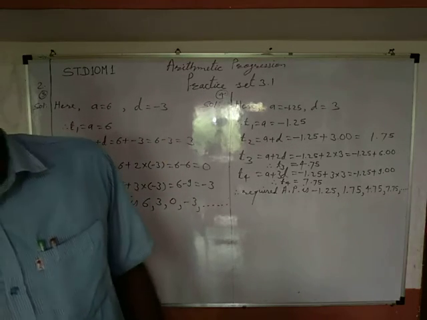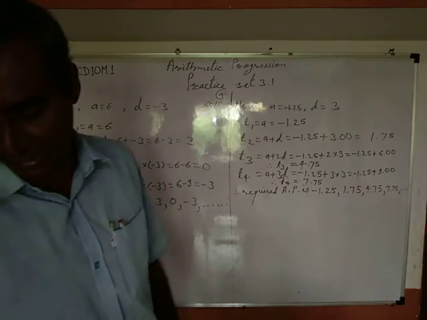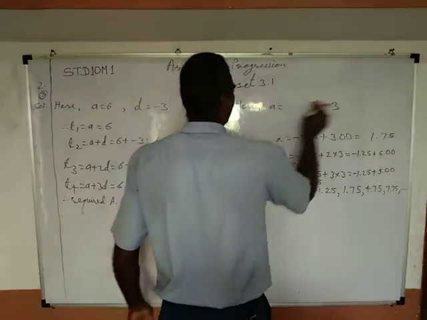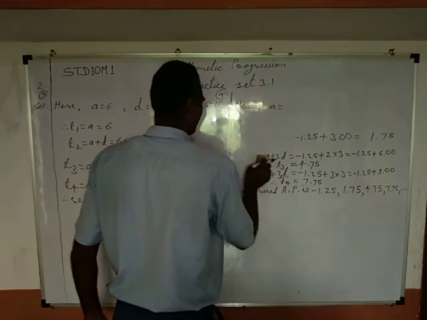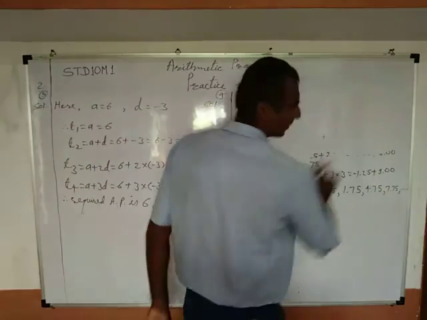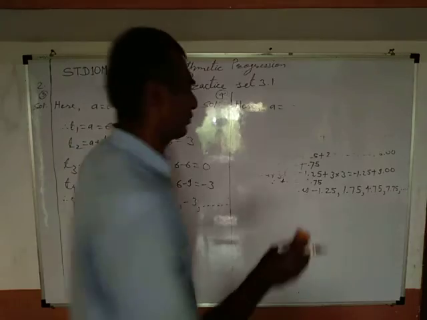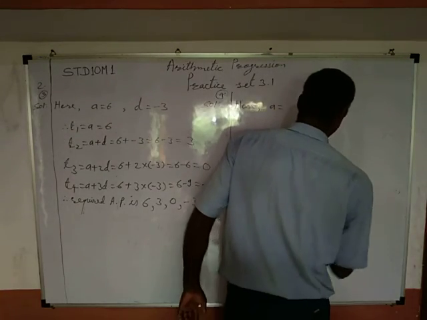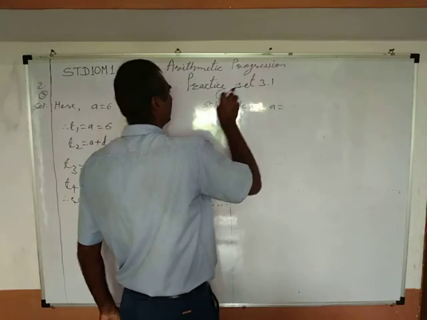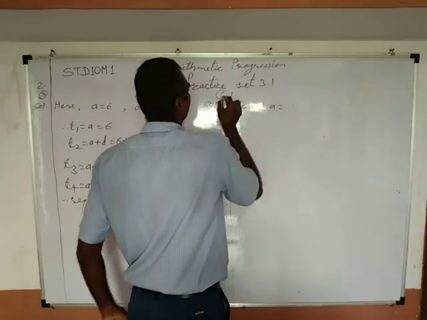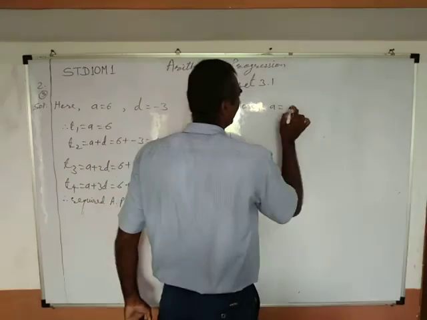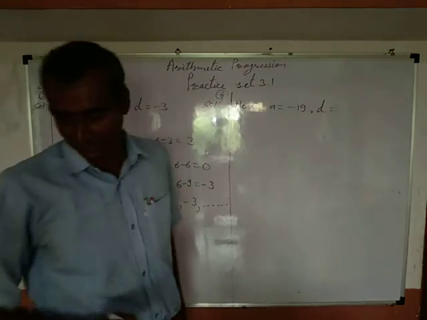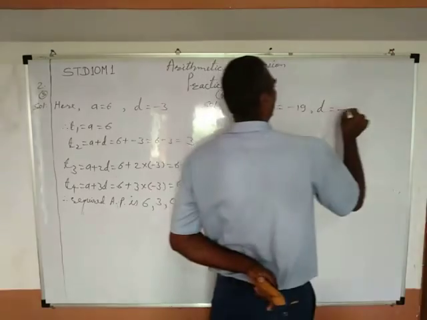Question 6. A is -19 and D is -4. Okay, let's solve that question. Solution here. A equals -19 and D equals -4.